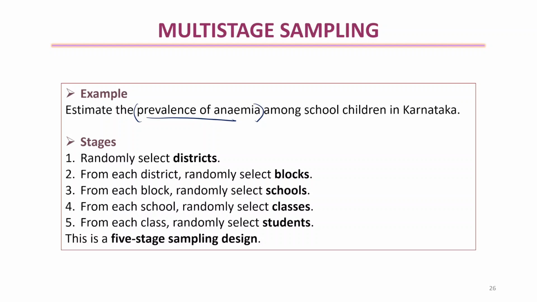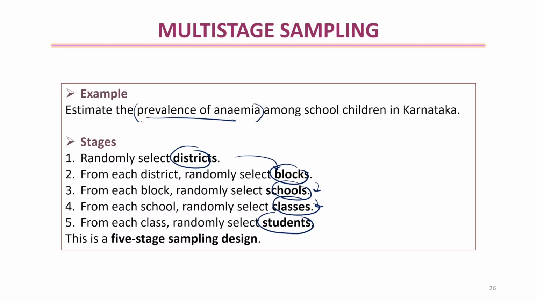First we randomly select a few districts in Karnataka. Then from those districts, we randomly select some blocks. Then from each block, we randomly select schools. From each school, we randomly select classes. And from each class, we randomly select students. So this is a 5 stage sampling design.